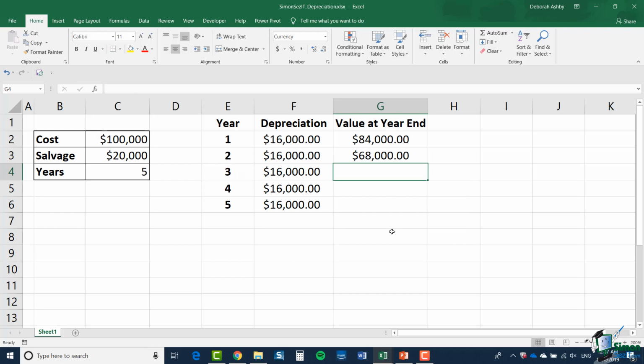So that's getting a little bit messy, isn't it? So really what we need to do for G3 is to calculate the total depreciation so far. So I'm going to replace the F2 plus F3 by the sum function from F2 to F3.